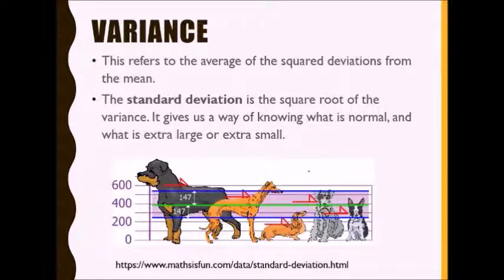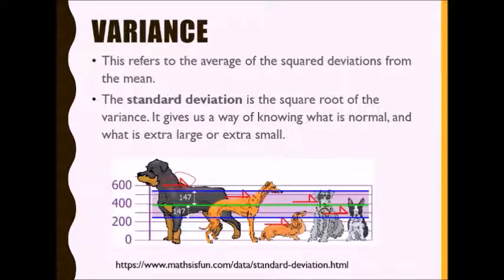Let us consider this green line as our mean, and let's say the standard deviation is 147. If our mean is 400, then we have 400 plus 147. If there is a height that goes beyond that, like this one, it means that this is not normal.